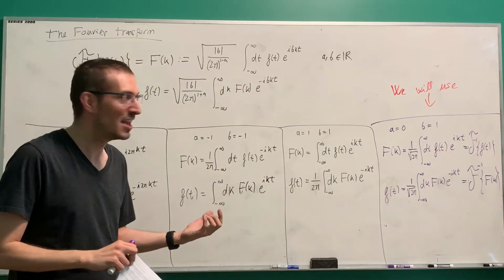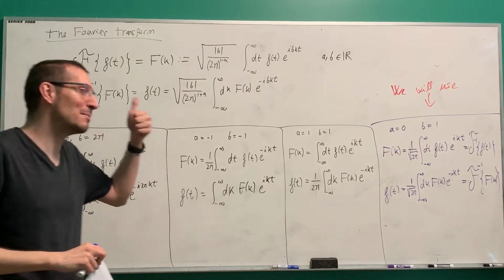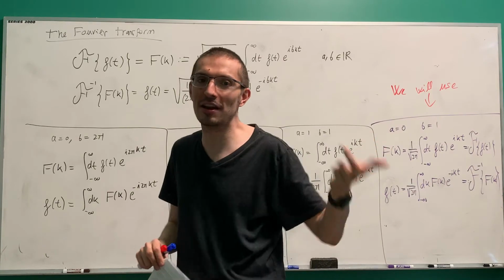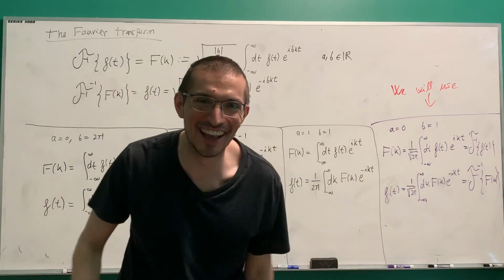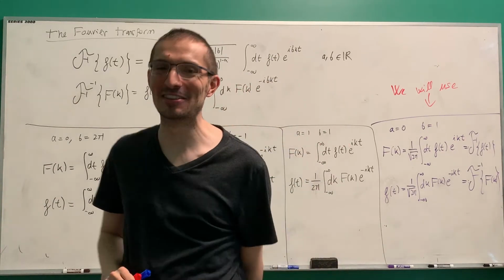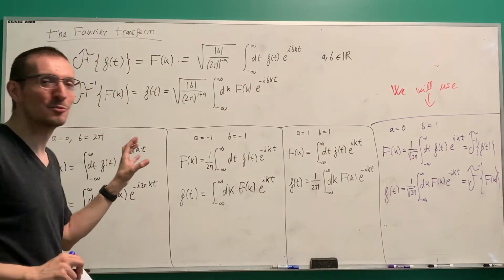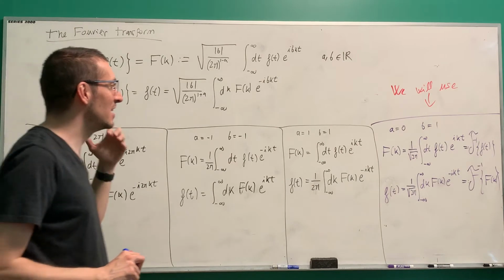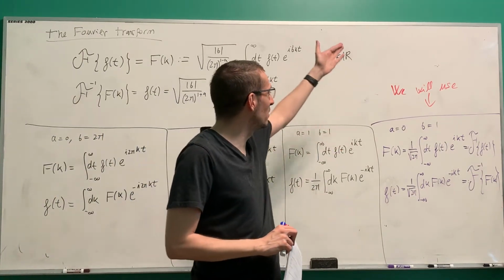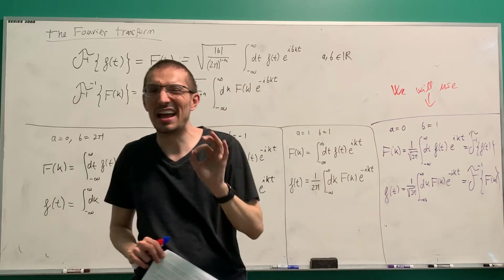Mathematicians tend to like one, engineers tend to like another one, and physicists tend to like 2 of them, depending on what you do. Anyway, the point being that those are the 4 most popular ones, and we're going to use in our course the last one that we will see, and I'll give you reasons why.